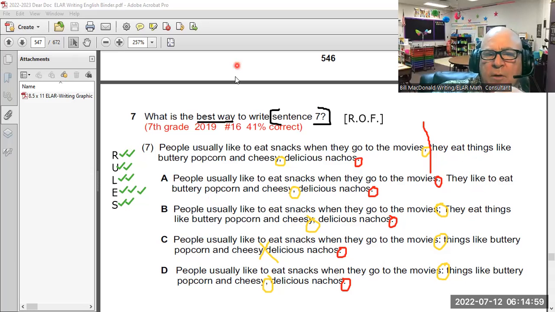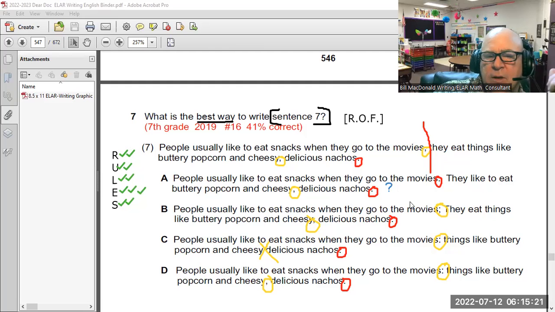So what I would probably suggest that you do is put a question mark there, because that one could work. But if you're changing too much content, then it's better to pick one that has more of the content from the original sentence.